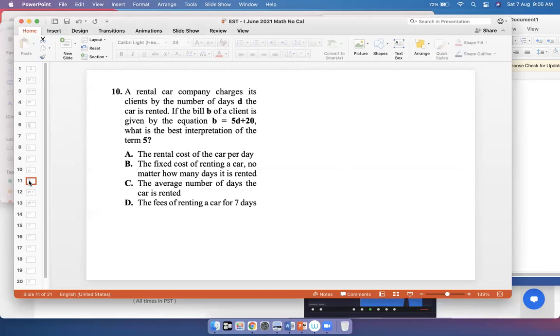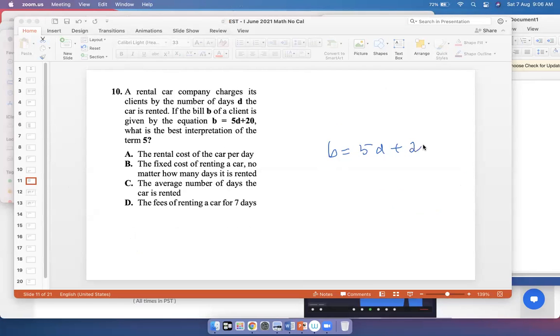Let's go to number 10. A rental car company charges its clients by the number of days the car is rented. If the bill B of a client is given by the equation B = 5D + 20, what is the best interpretation of the term 5? The bill is 5D plus 20, where 20 is a constant amount, and 5D is related to the days.